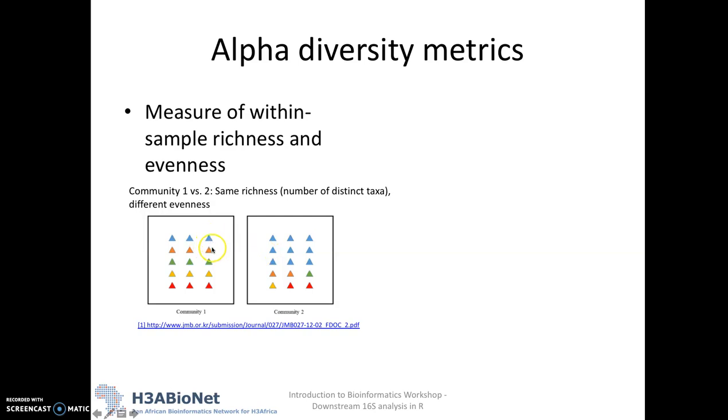So they each have 5 different colors, but they have different levels of evenness, which means in community 2, we for instance have a much greater proportion of the blue taxon, whereas community 1 is much more evenly distributed between those 5 taxa.